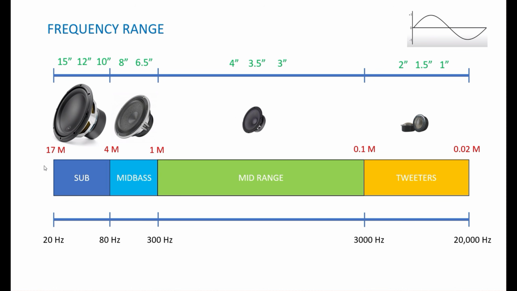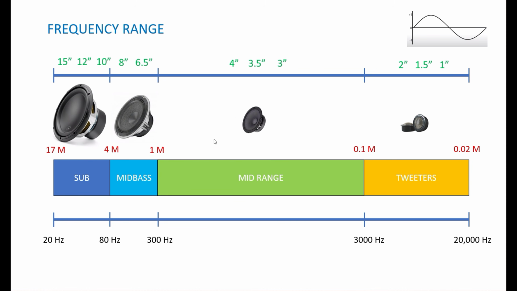It's huge. At 300 Hertz, it's 1 meter. At 3000 Hertz, it's about 10 centimeters. And at 20,000 Hertz, it's about 2 centimeters. So very, very small wavelengths at the high end, and very large wavelengths at the low frequencies.